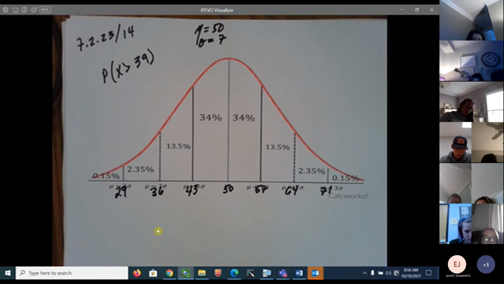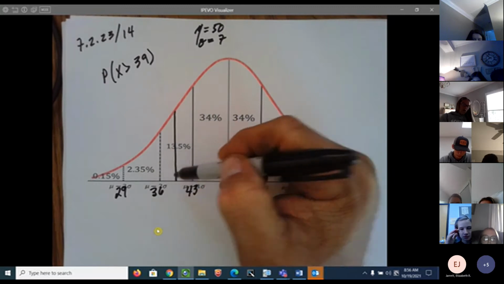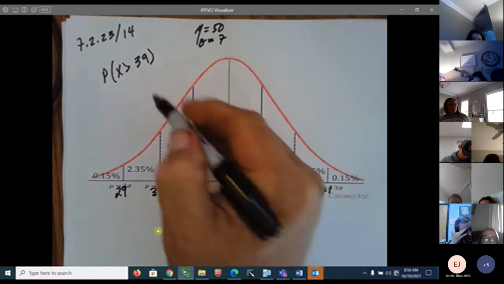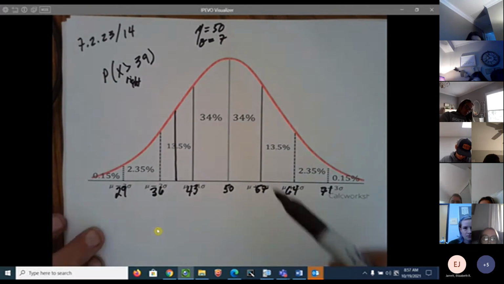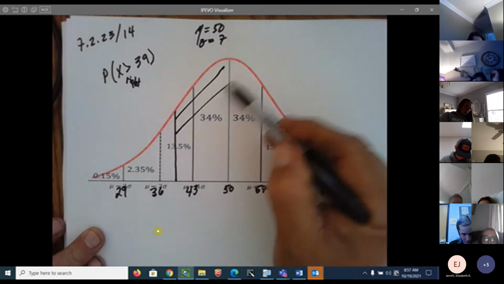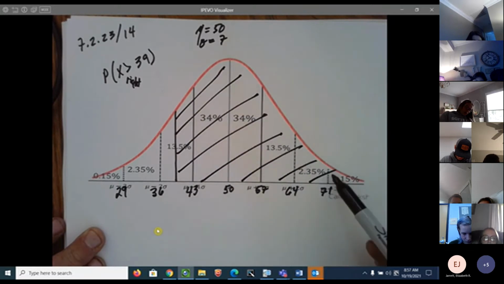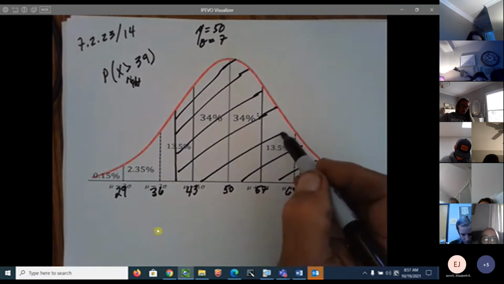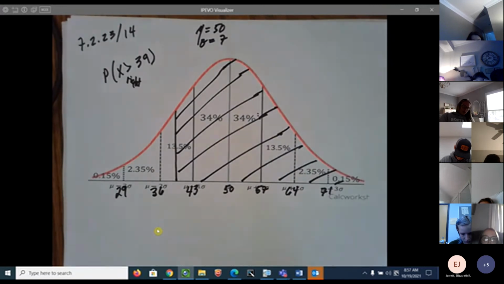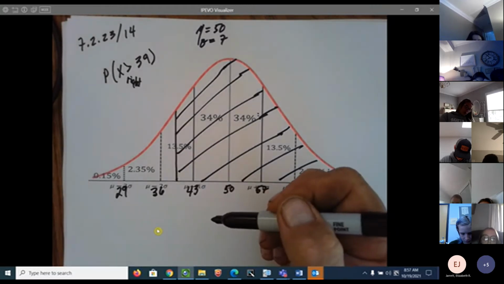So where's 39? 39 will be right in here. They want the numbers to the right, numbers greater than 39. They want this side. By the empirical rule, this is 39 right here pretty much.